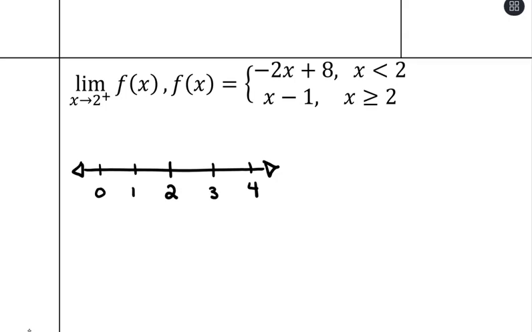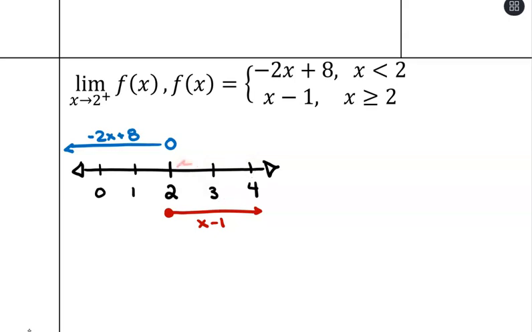So at x equals 2, for values x less than 2, so not including 2, but everything smaller, we're using negative 2x plus 8. And then we're using the function x minus 1 for any values equal to 2 or larger. So for the limit, if we're evaluating x approaching 2 from the right-hand side, then what I'm thinking of is I'm over here with the larger values.